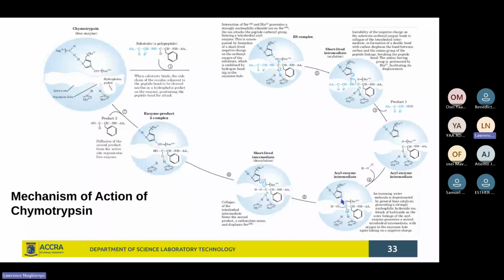Then you see that the hydrogen is now given off onto the nitrogen, and histidine gives back that hydrogen to the serine residue. You see the hydroxyl group. So take it that the water breaks into a hydrogen ion and a hydroxyl ion.